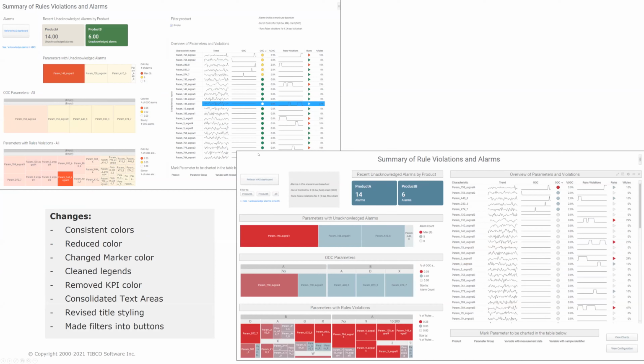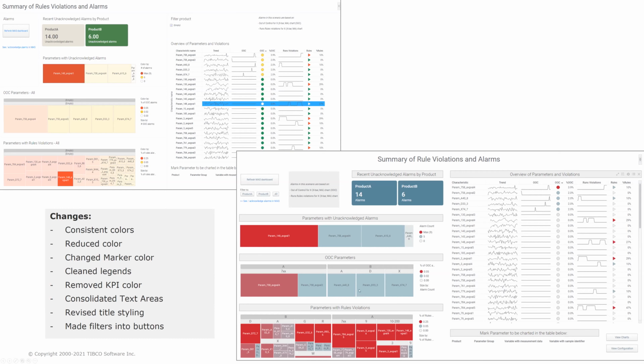This was an interesting one because this is violations and alarms in a manufacturing scenario. The person that designed this had created these KPIs that went from red to green, and what it was doing in the middle was creating these brown colors. It didn't really feel like it was helping to have these as different colors at all because you have the value right there. So I just made them the same color.